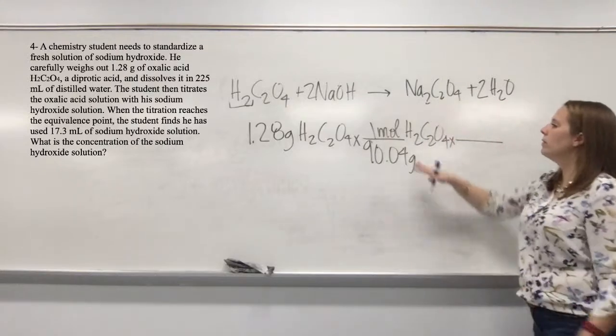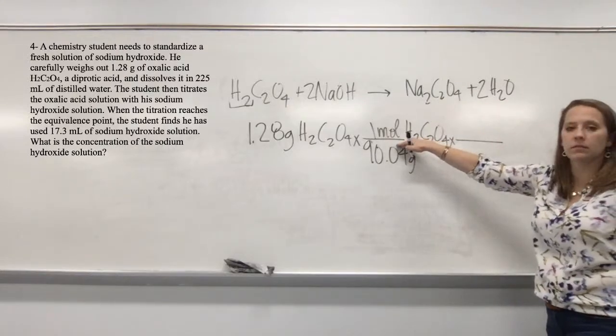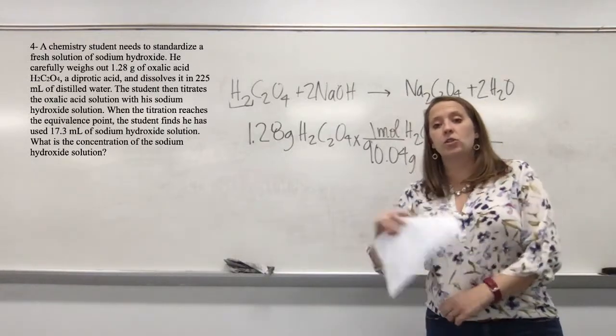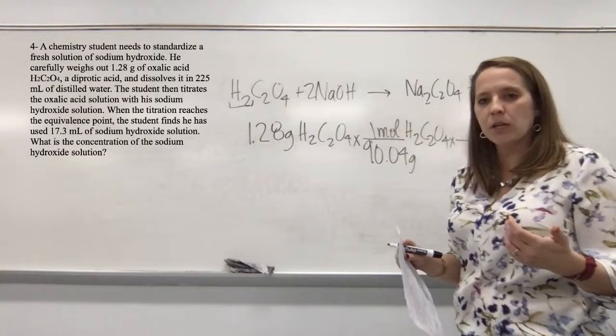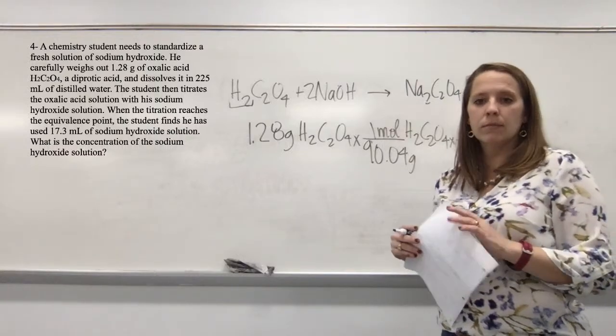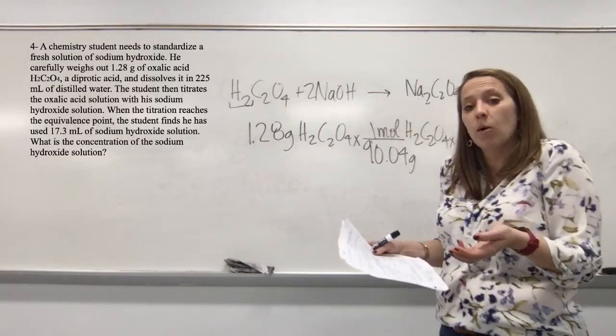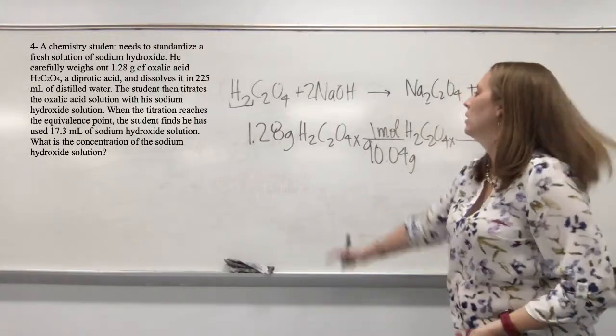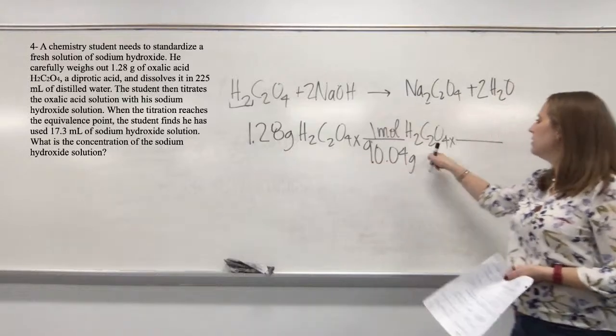Now, we have the number of moles of oxalic acid. You could then go ahead and determine the concentration. You could do that, but it turns out that we just need to know the moles. So we directly convert to moles. We have the moles of oxalic acid.